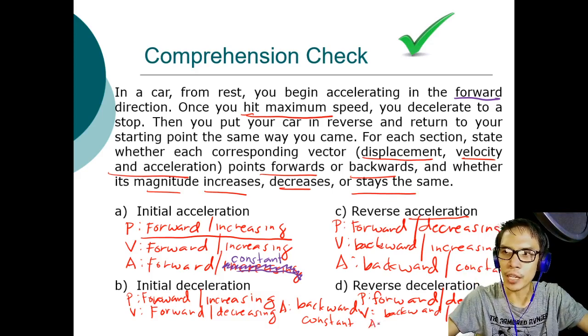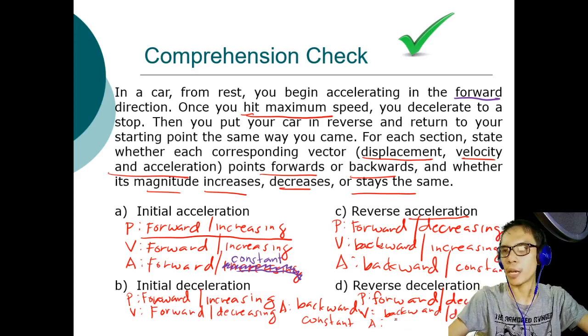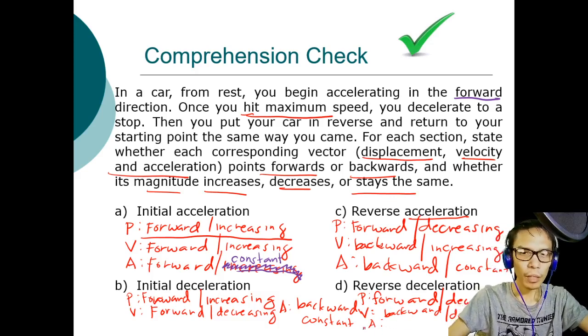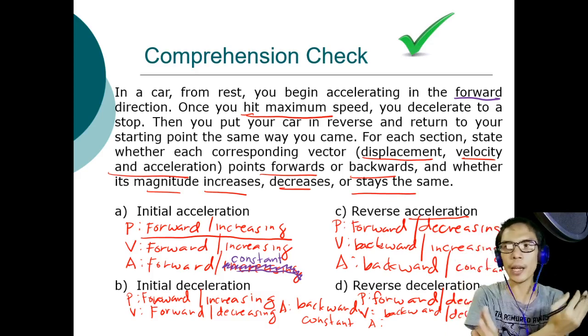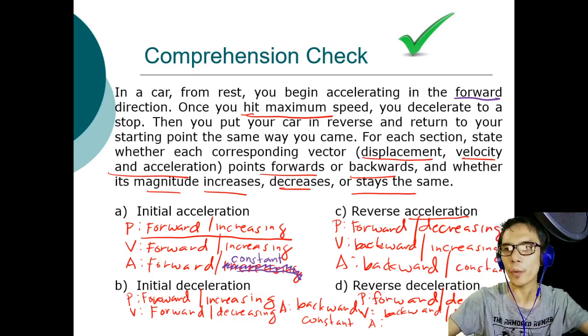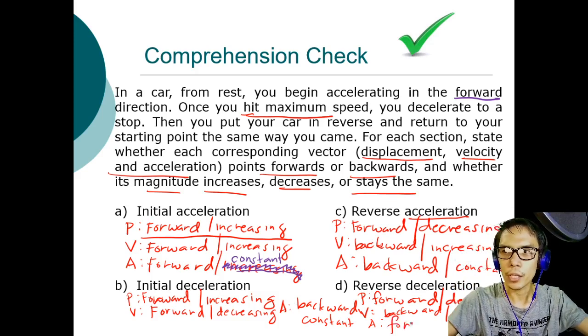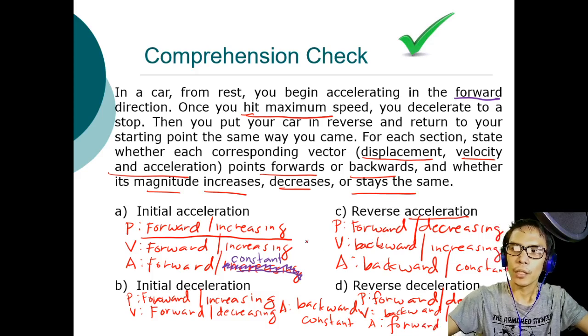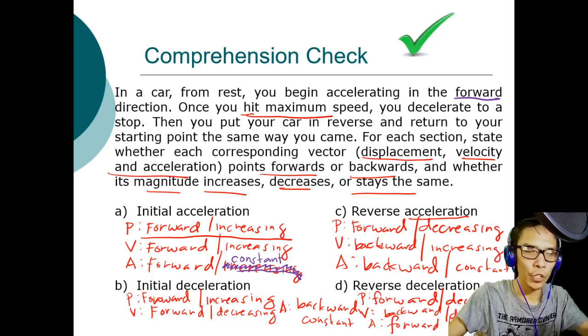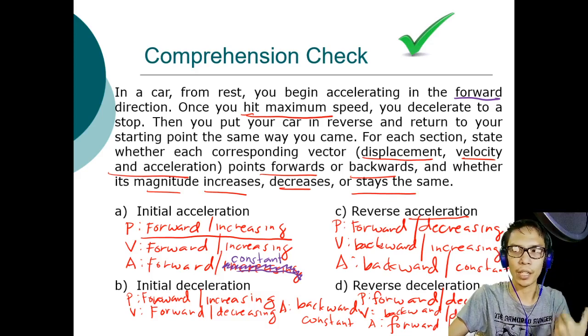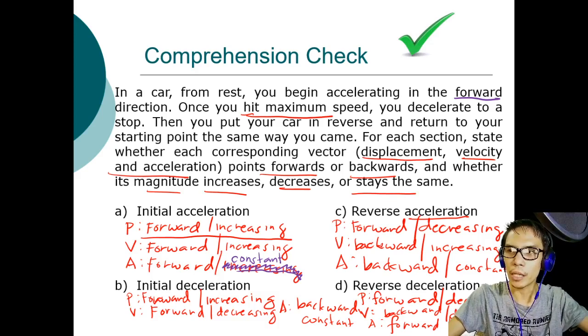And finally, we have the acceleration. You are going in reverse direction, that is treated as forward, but since you are slowing down in the process, that reverse deceleration is also constant.